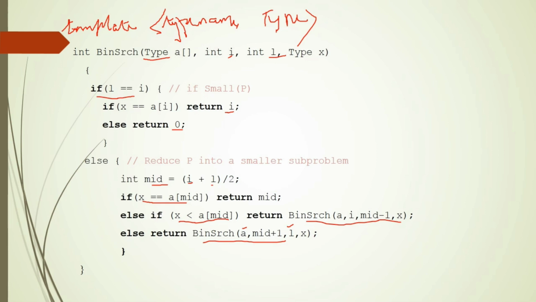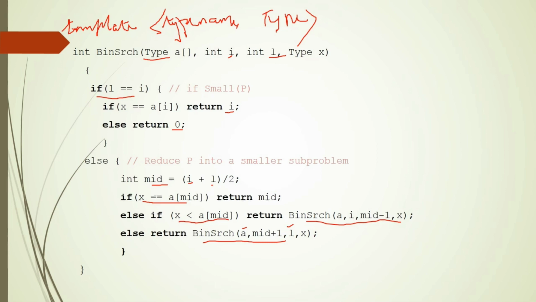So if the key element was smaller than the element at position mid, then we recursively call the function binary search on the same input array A, with the same starting index I, only until mid minus 1th element, and the key element also remains the same.